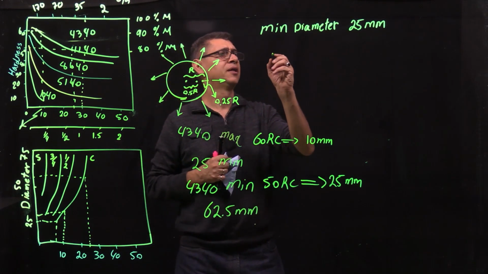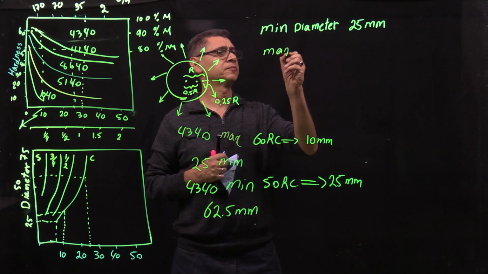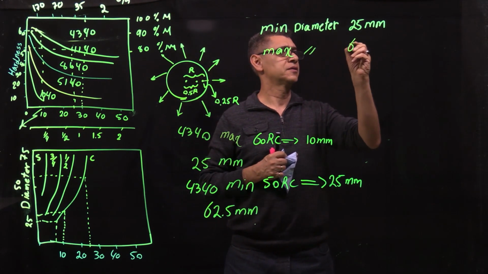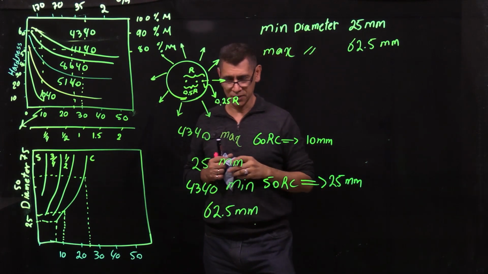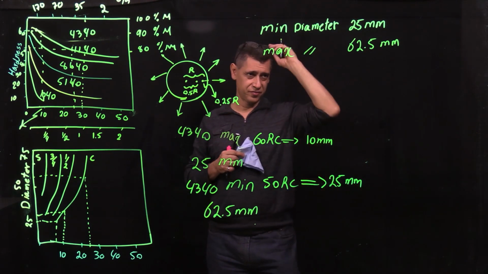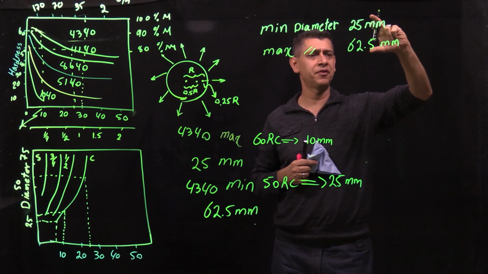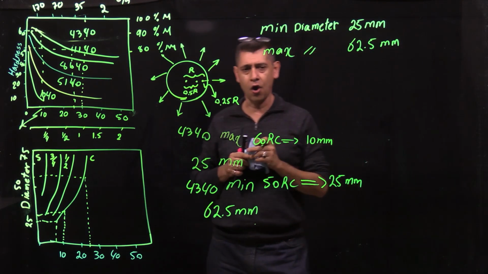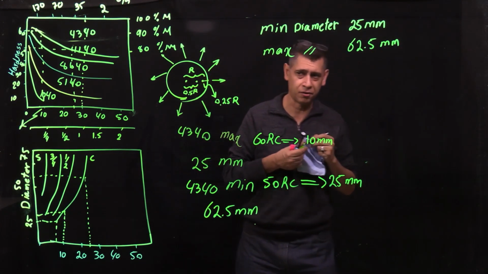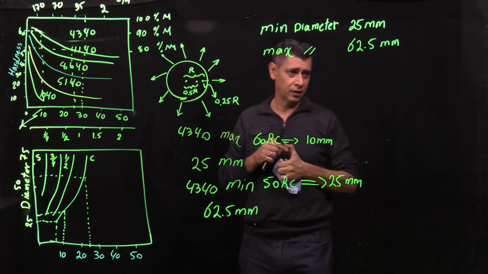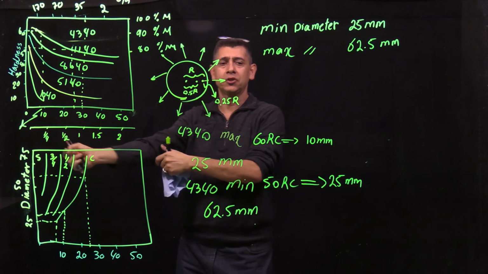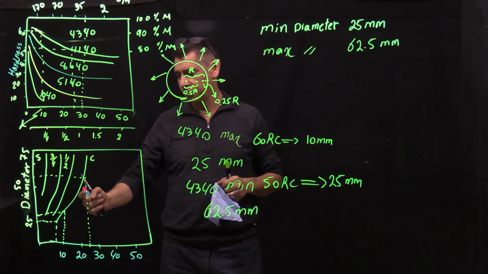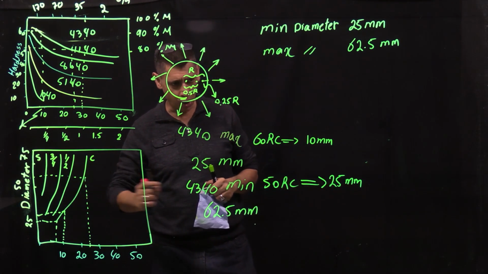We write here the maximum diameter is 62 and a half millimeter. Now, if this is within range of my design criteria, I say, well, that's okay. So 4340 is good when using, assuming this is water.